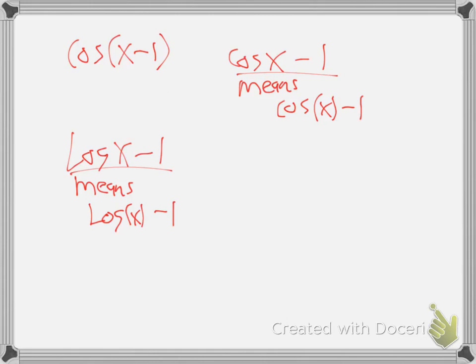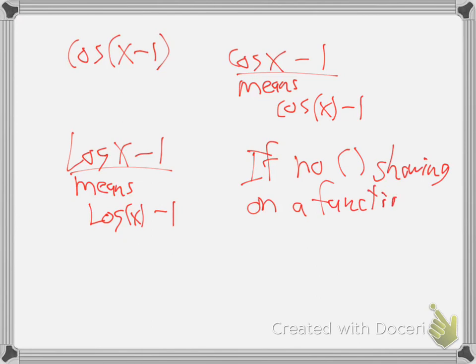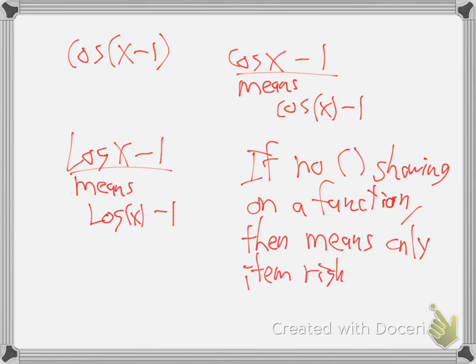That's really important, not just for logs here and now, but for when you go on to calculus, with functions. So let me say it really clearly. If no parentheses are showing on a function, then it means only the item right next to it is in the parentheses.